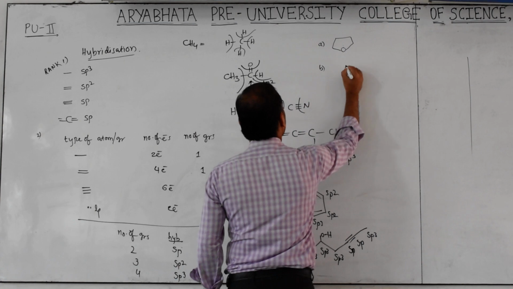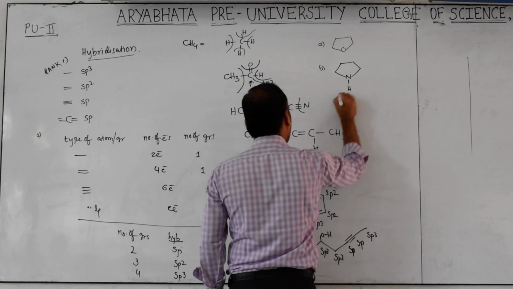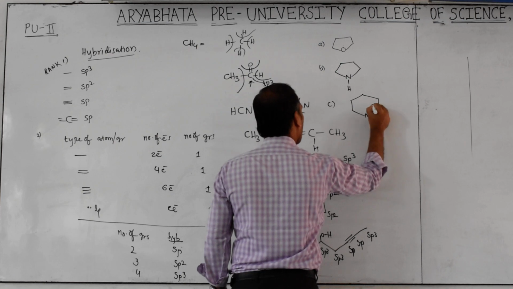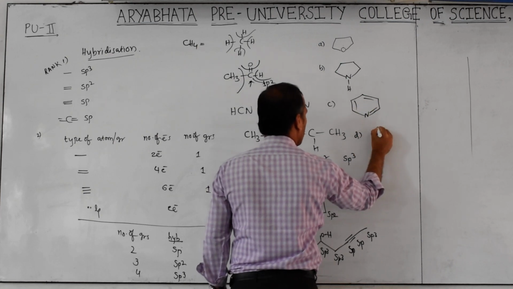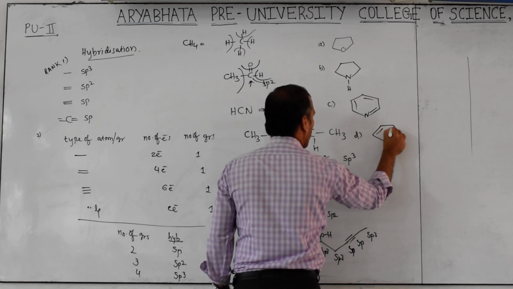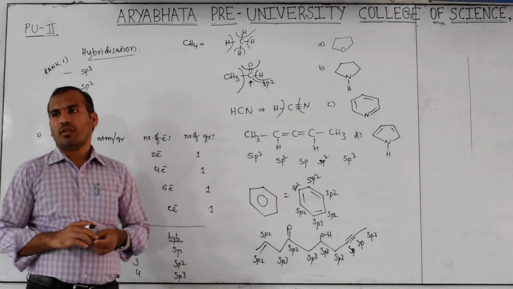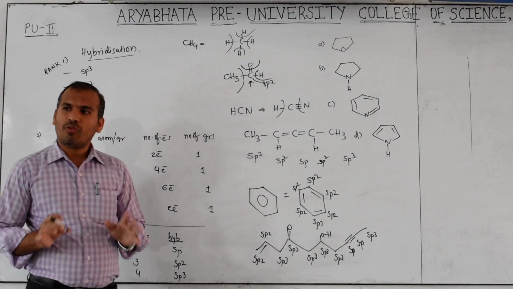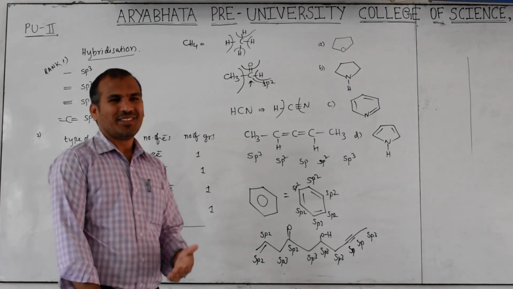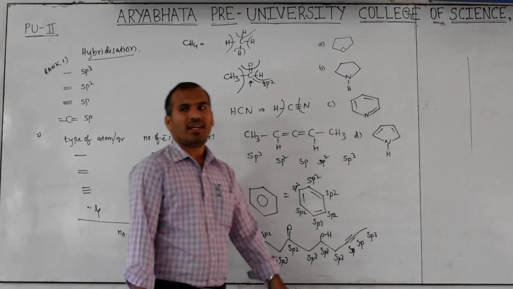Next B. C. D. Four molecules are given. In the four molecules, you have to find out the hybridization of all atoms except hydrogen. Hydrogen does not show hybridization, so it is not participating. Okay, now other than hydrogen, you can tell the hybridization.